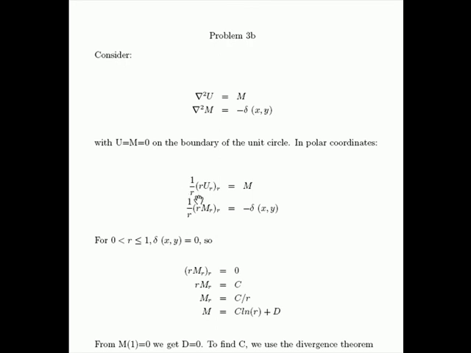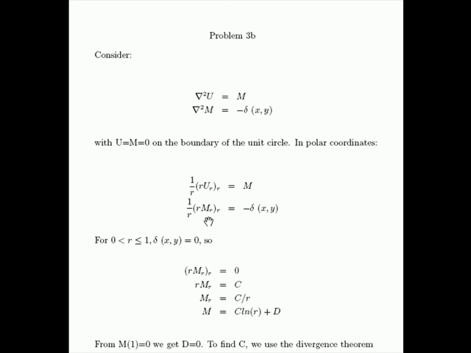Now that's derived later in chapter 3, but it's well known. Basically, if you expand this out, you'll see this is just u_rr plus 1 over r u_r. So that's the Laplacian of u in polar coordinates. That's equal to m. The Laplacian of m in polar coordinates is equal to minus delta.